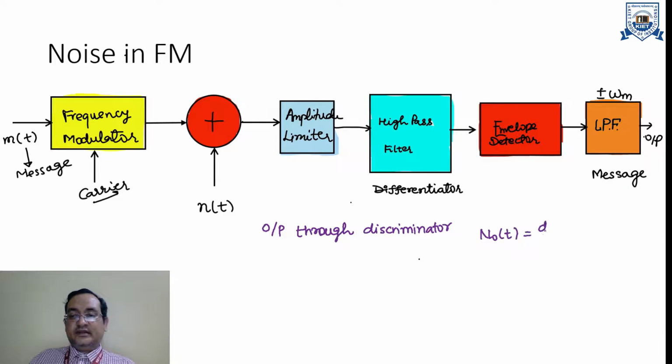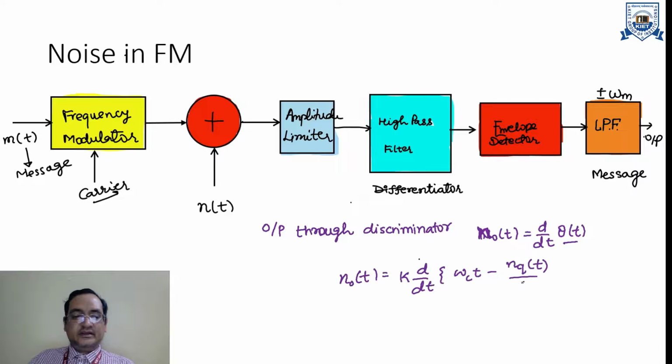So n_o(t) will be d by dt of theta(t), which is the angle. Because this is small, n_o(t) will be equal to k d by dt, as I have mentioned, of omega_c t minus n_Q(t) divided by A_C.